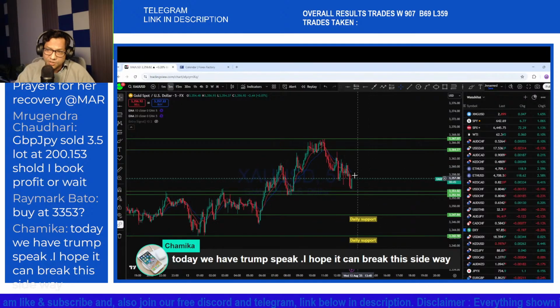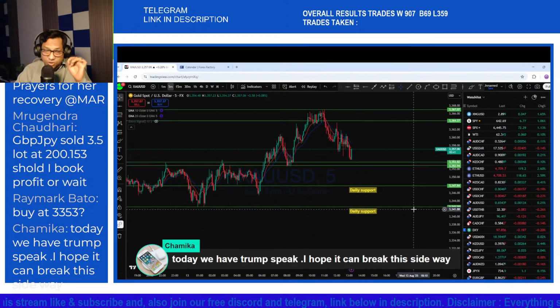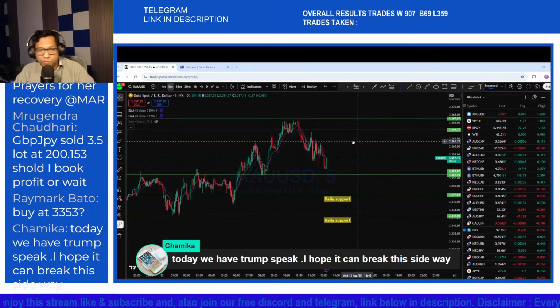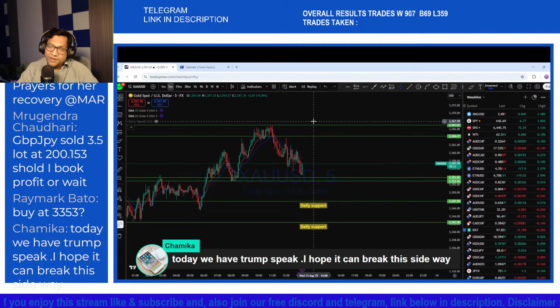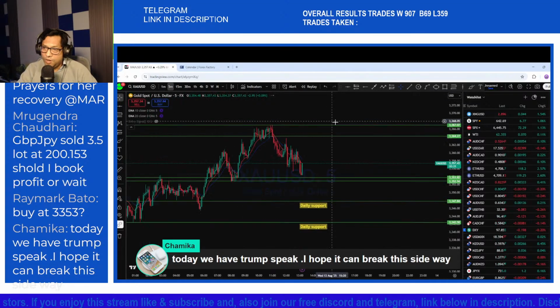For example, a spike can cause the market to go back to the daily low to be able to buy, or going back to the high on the 4-hour resistance to be able to sell.